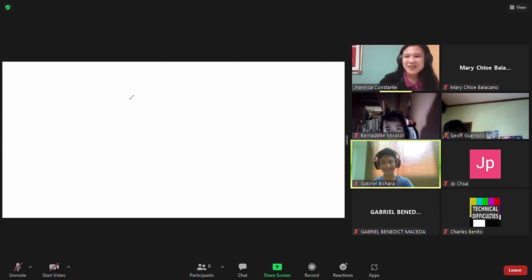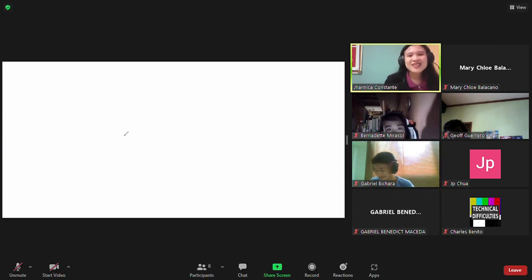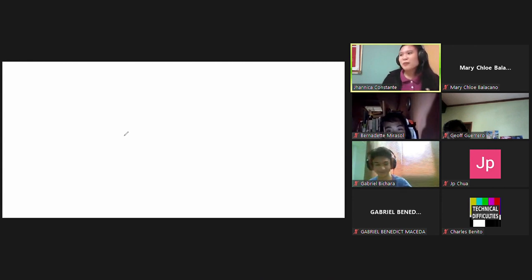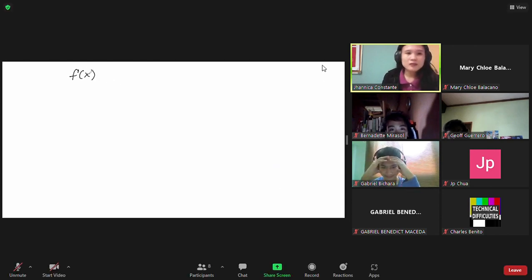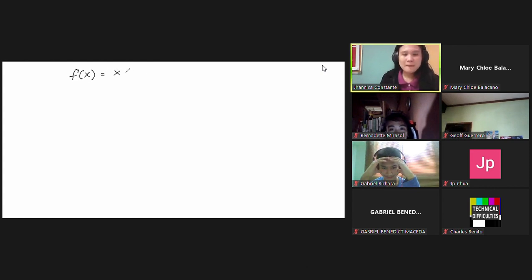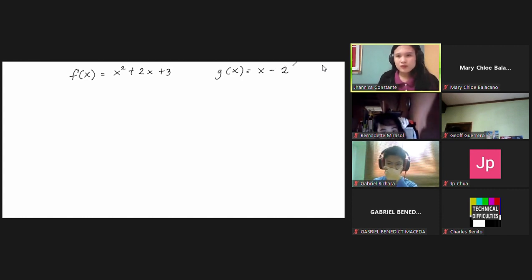Sige, let's have one example for the operation involving our functions. Let's say we have the function f of x equals x squared plus 2x plus 3 and g of x which is equal to x minus 2.